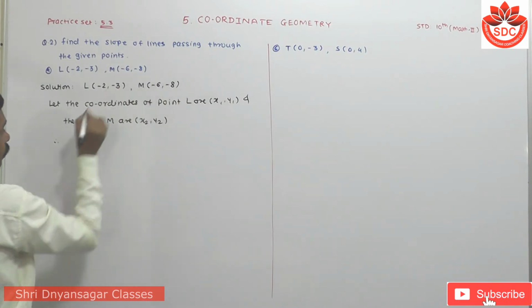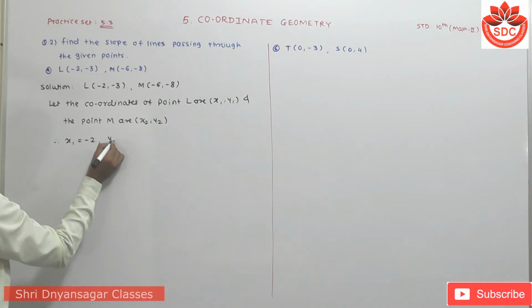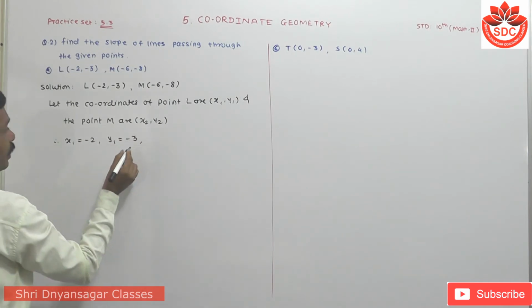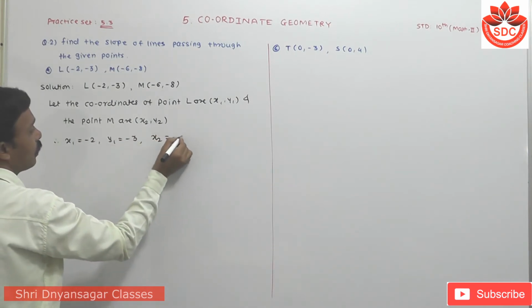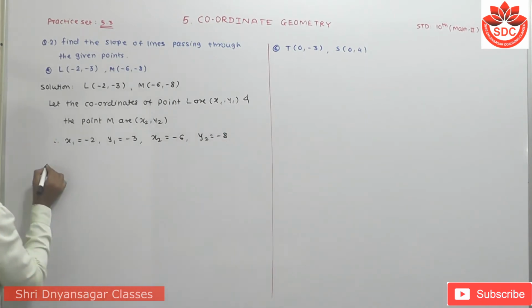Therefore, by comparing with L, x1 is equal to minus 2, y1 is equal to minus 3, x2 is equal to minus 6, y2 is equal to minus 8.